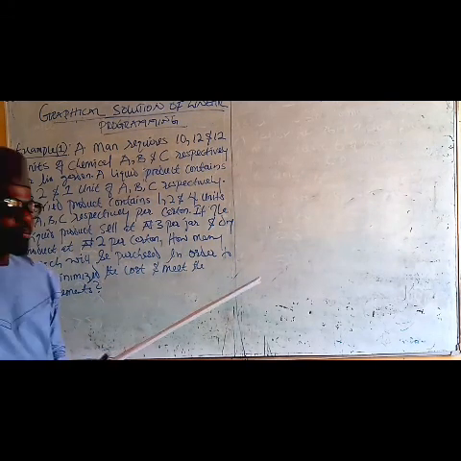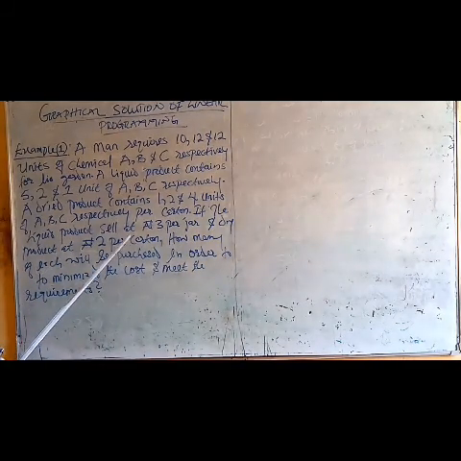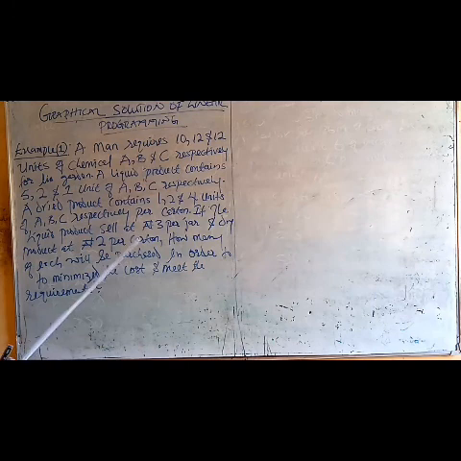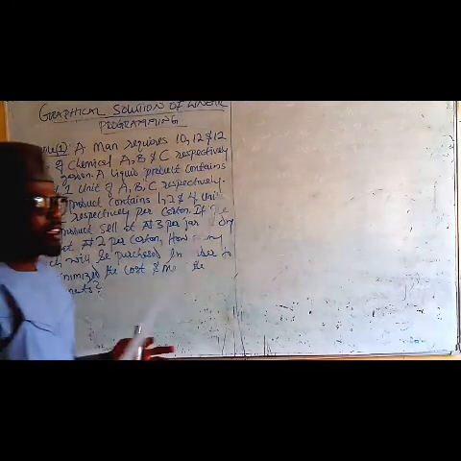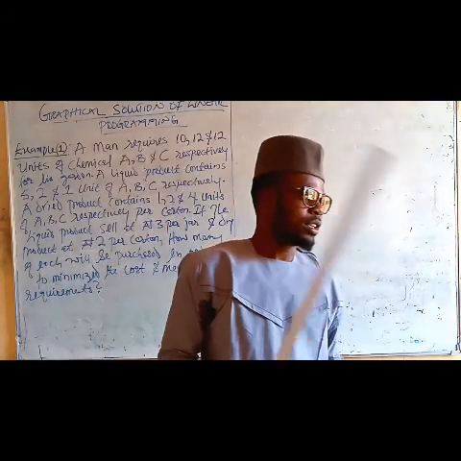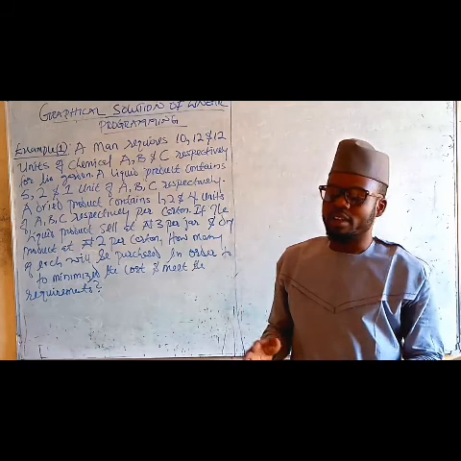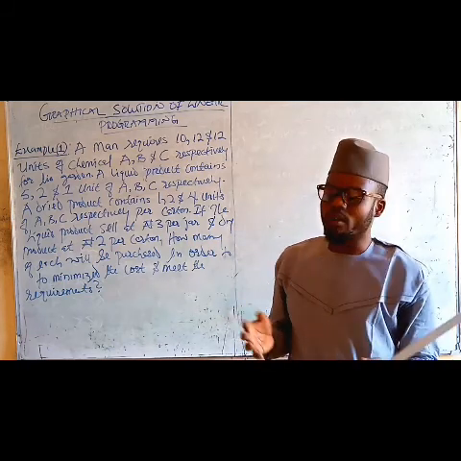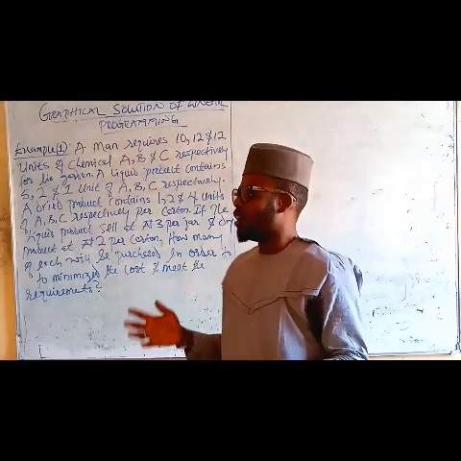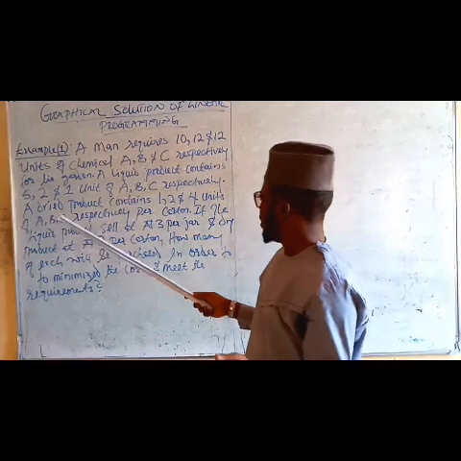So the problem we are going to solve states that a man is managing a kind of garden in which he requires to purchase a kind of chemical. For any chemical, there is a combination of dry and liquid product which are going to be mixed together to form that chemical.